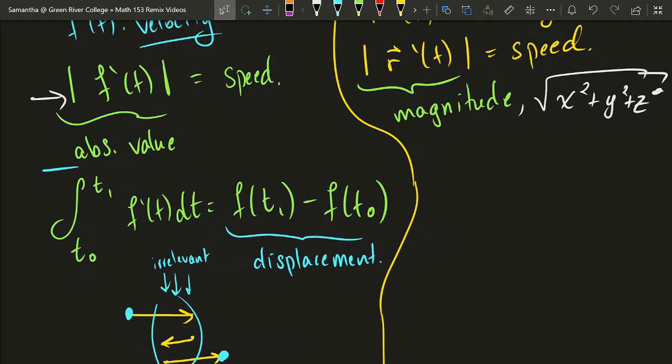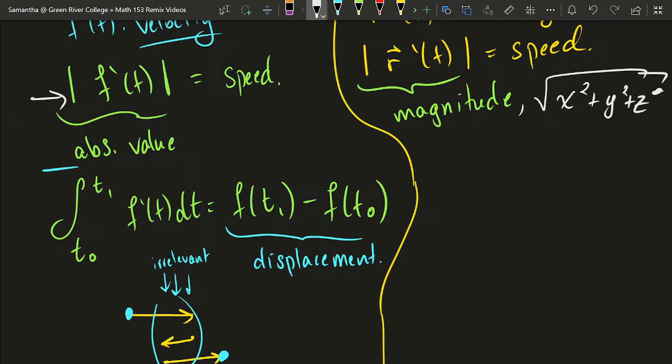If you want to figure out what is the displacement of the object, that can be found using a formula that's very similar to what we used before. In one dimension, it was final position minus initial position.